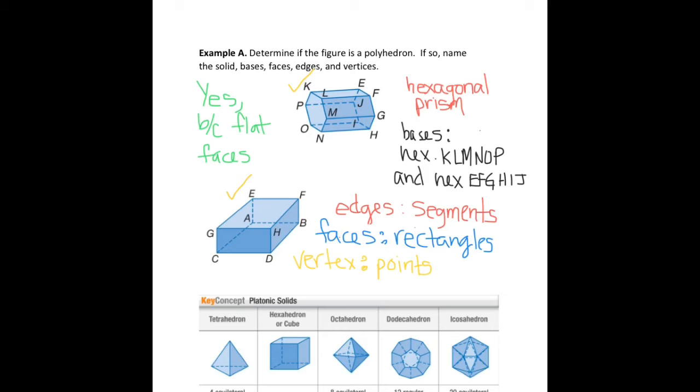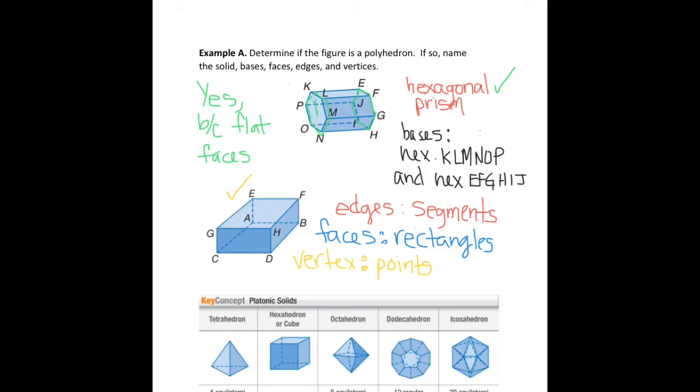The first one is called a hexagonal prism, and it's named that because of the base. The base has 6 sides, which means it's a hexagon. So this is a hexagonal prism. It is a prism because it has two congruent bases.